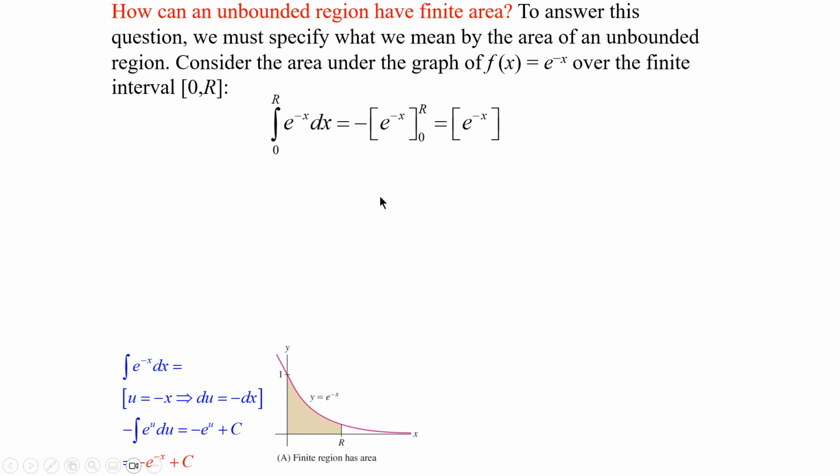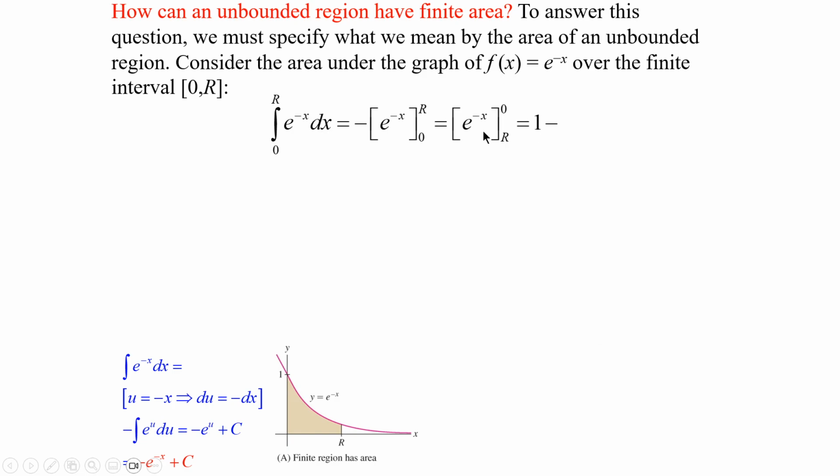You know me, most of the time I don't like to have a negative in front, so I drop the negative and flip my bounds. That's old school, isn't it? Now, is it time for the fundamental theorem of calculus? Well, I've got e to the opposite of a number approaching 0. E to the 0 is 1.